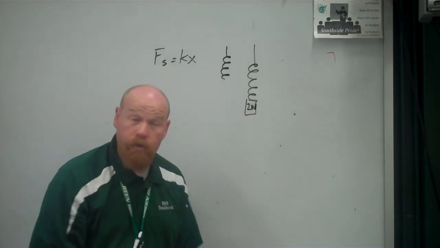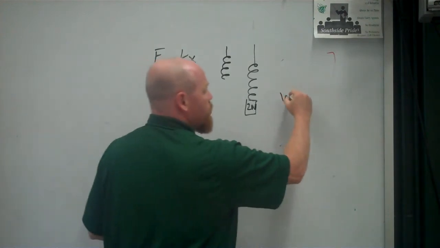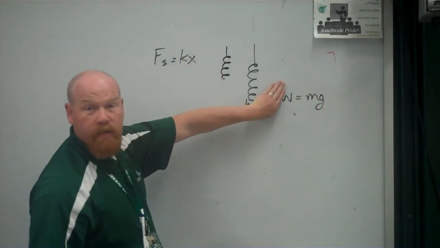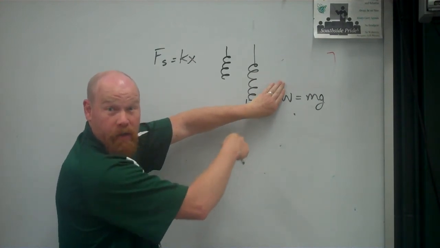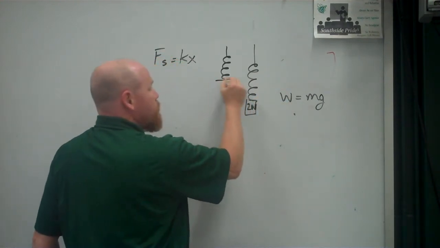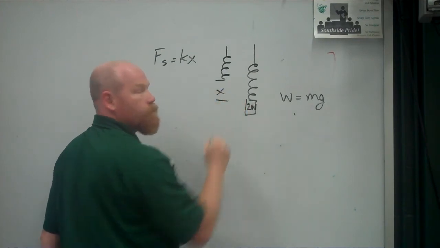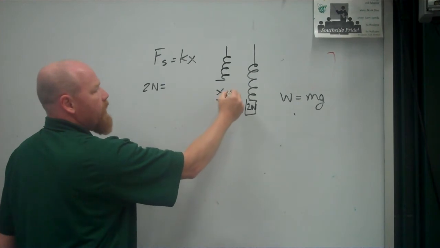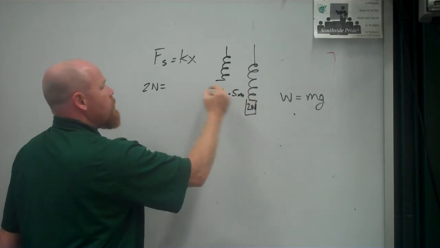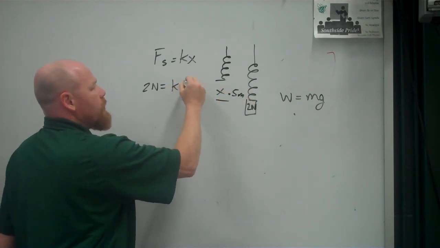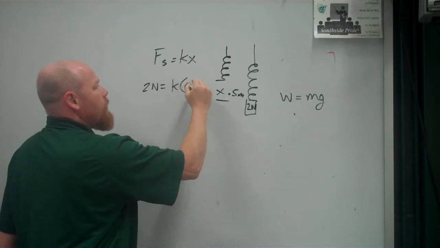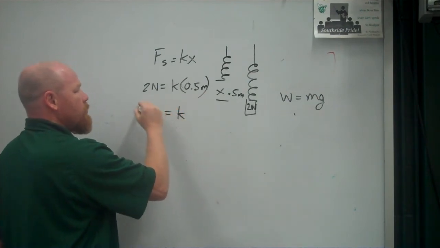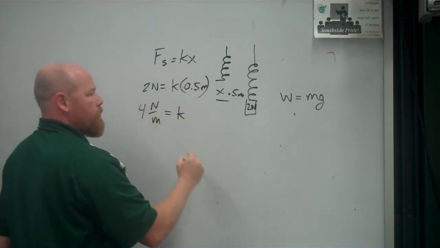Remember, weight is in newtons. If you cover up W in W equals mg, weight equals mass times gravity, you get N right there. It's kind of cute, huh? This would be the x, the distance that it stretched. Say this is 0.5 meters. Then 2 newtons equals k times 0.5 meters, and so your k is going to equal 4 newtons per meter.